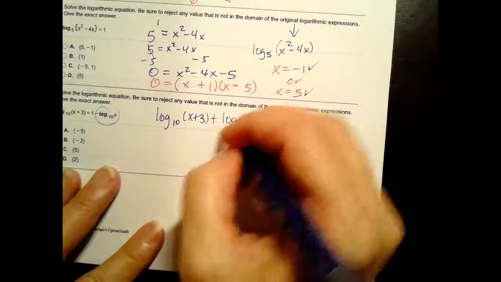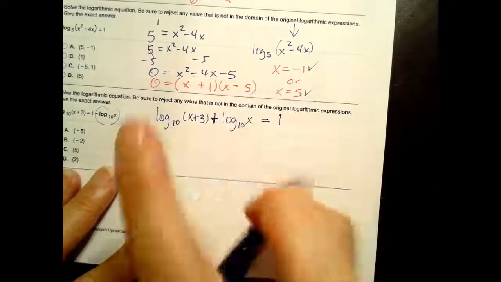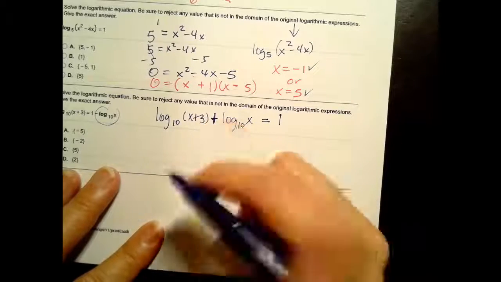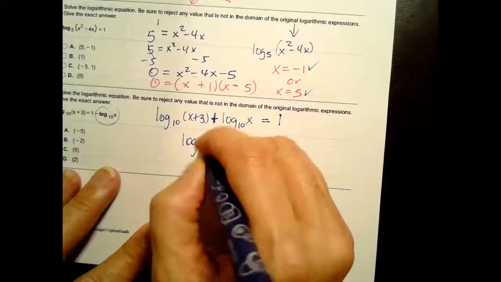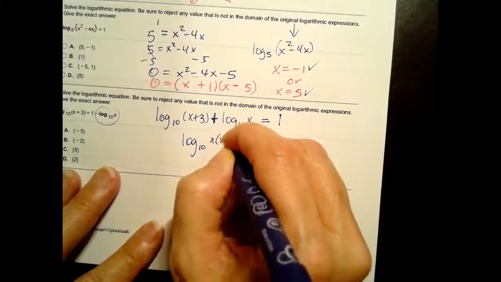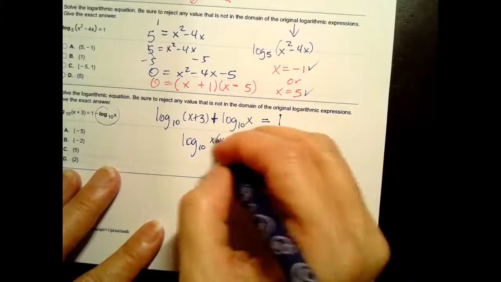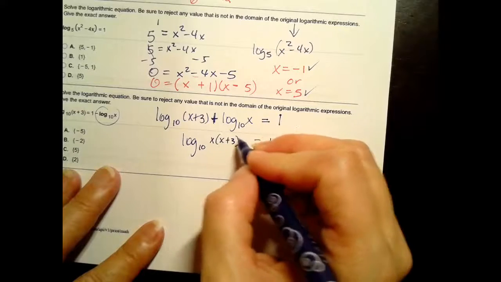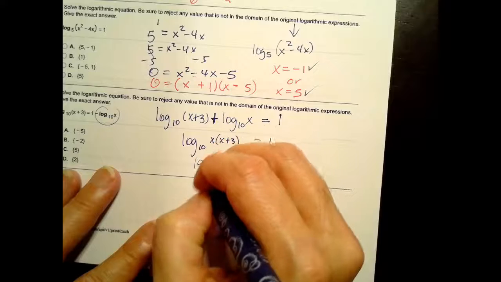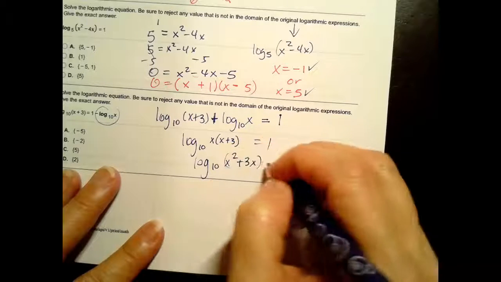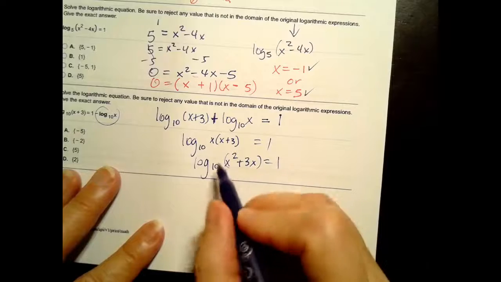Now I'm going back to the product rule again because I've got the same logs with the same bases, so I can multiply those together. So the log base 10 of x times x plus 3 is equal to 1. Now I'm going to distribute: log base 10 of x squared plus 3x equals 1.